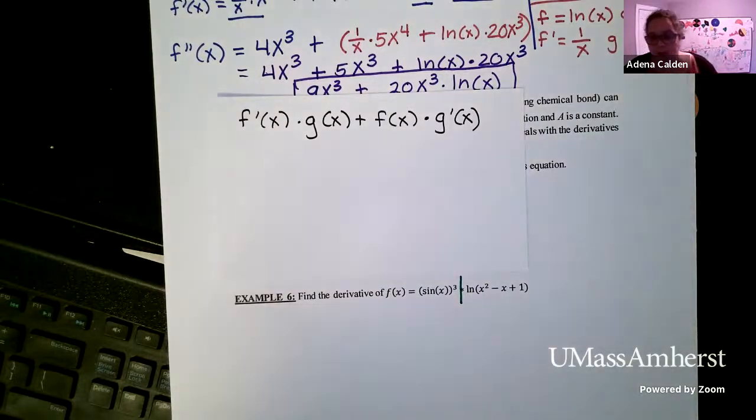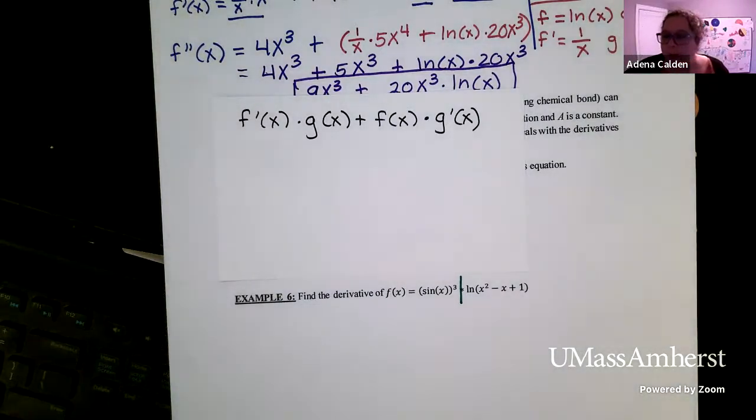Definitely feel free to look back in your notes if you need to, but I'm going to give you about 3.5 minutes. Try this out, see how much of it you can set up. We're only looking for a first derivative here.